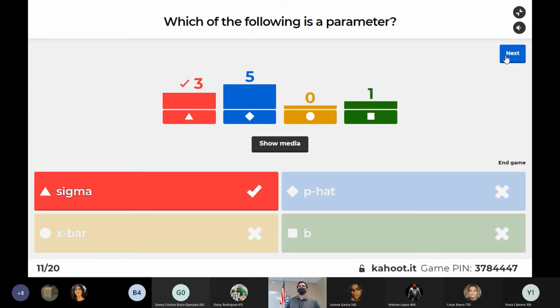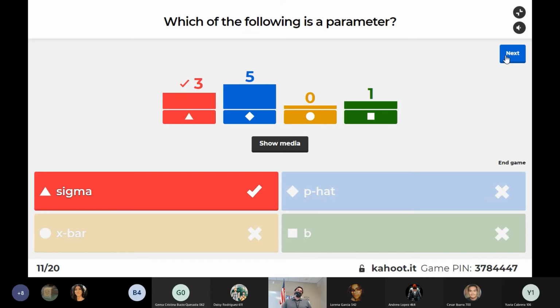Right, sigma is that thing that looks kind of like an O with a tail at the top of it. That represents the population standard deviation. Right, variables and symbols that represent population parameters are like sigma or mu, for example.